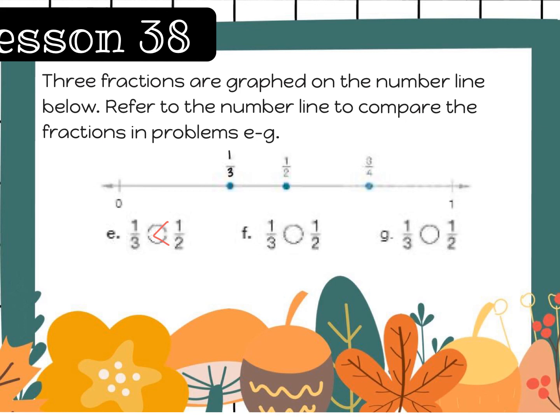So 1/3 and 3/4, and then 3/4 and 1/2. How weird is that it did the same thing? Okay. So for letter F, we're comparing 1/3 to 3/4. How does that compare? Is it less than, greater than, or equal to? Less than. And then G, 3/4, less than, greater than, or equal to 1/2.